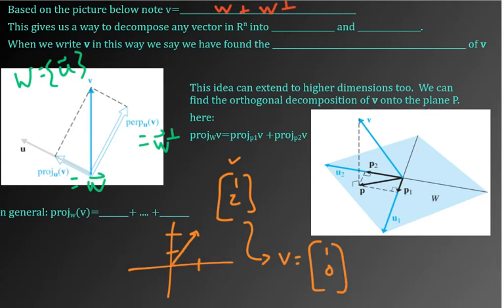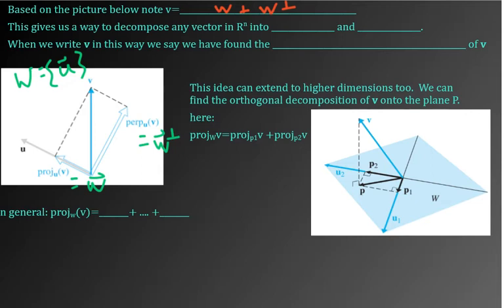And then plus this vector, which is, of course, 0, 2, right? I'm saying we can build a vector out of two perpendicular basis vectors. I could build it here out of 1, 0 and 0, 2, both perpendicular. And if you add them together, you get V.